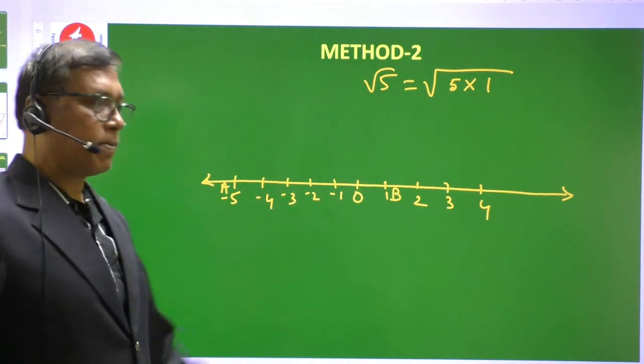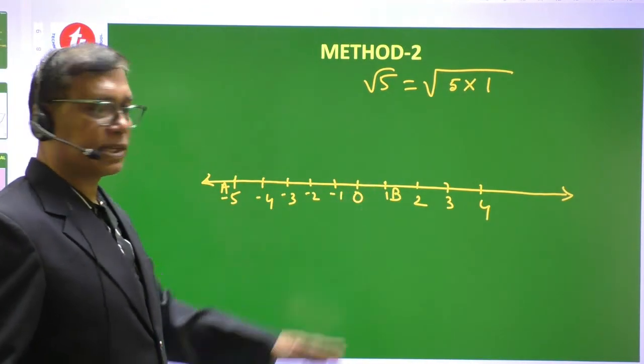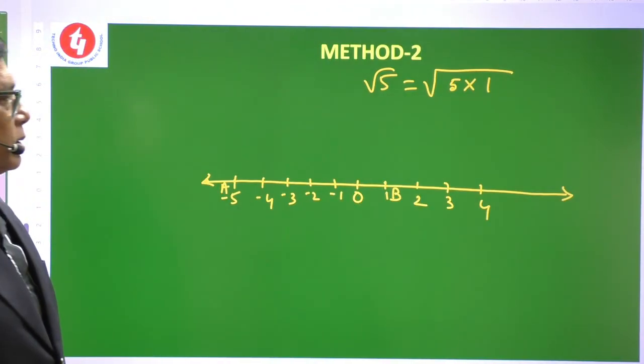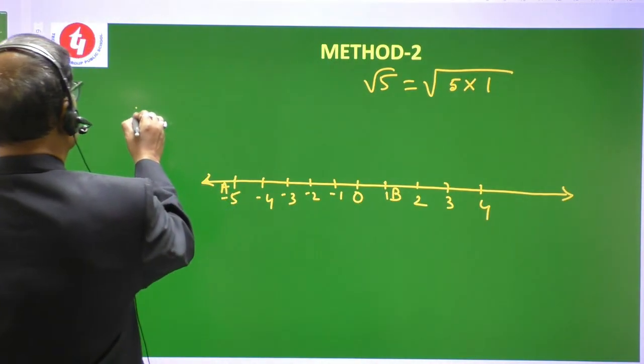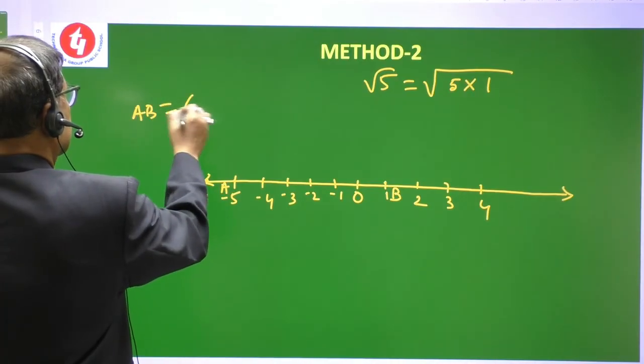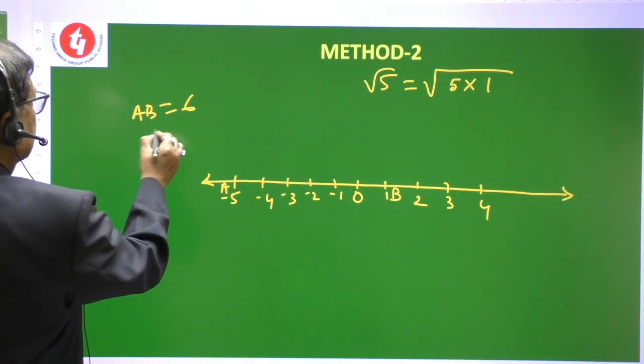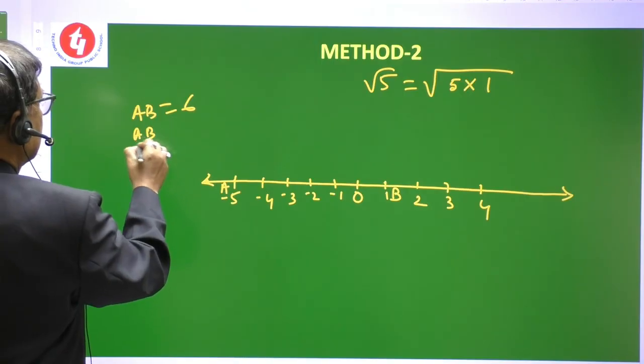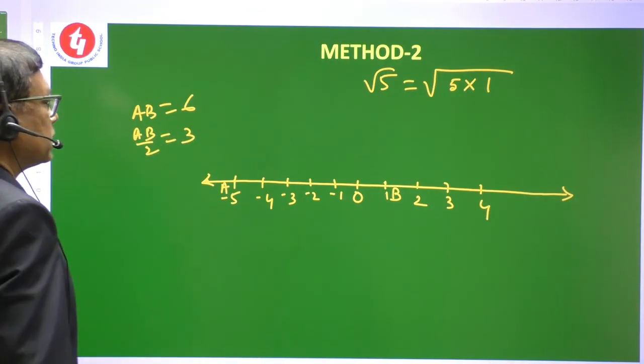So what is the length of AB here? 5 plus 1, 6. AB length here is 6. Now divide AB by 2, half of AB, that is 3.